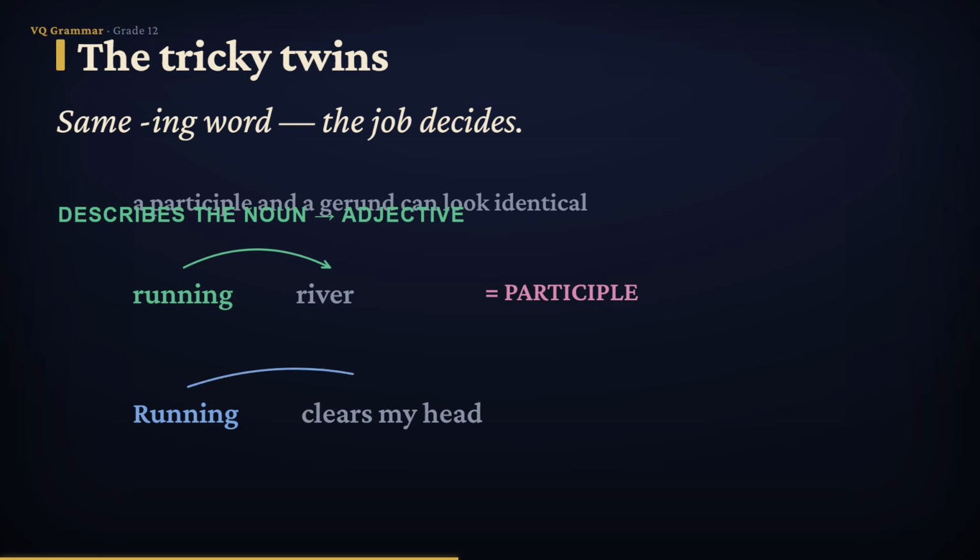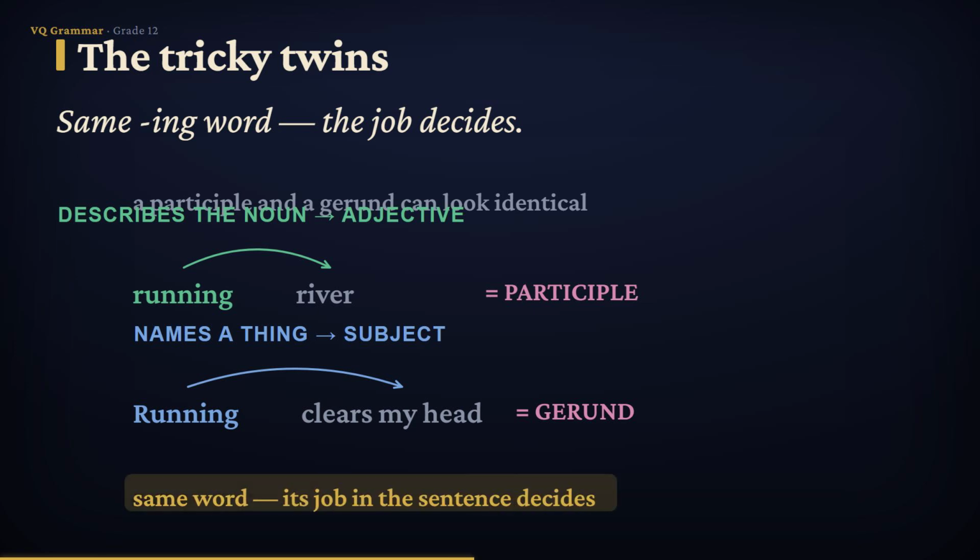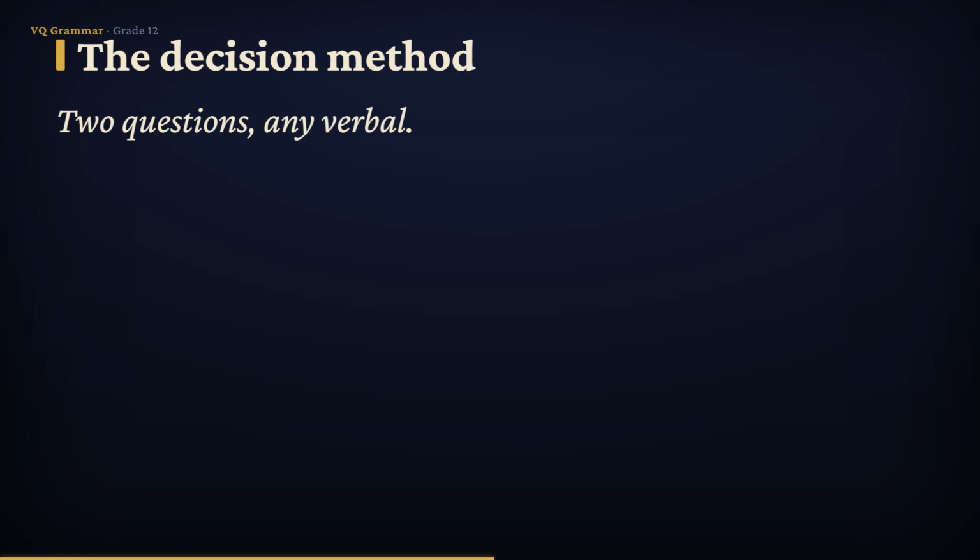It's the thing that clears my head. It's the subject, a noun, so it's a gerund. Same word, spelled exactly the same. What separates them is not the form, but the job. So don't stare at the ing ending. Ask what the word is doing in the sentence.